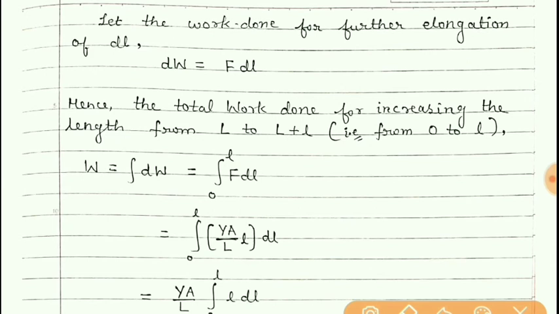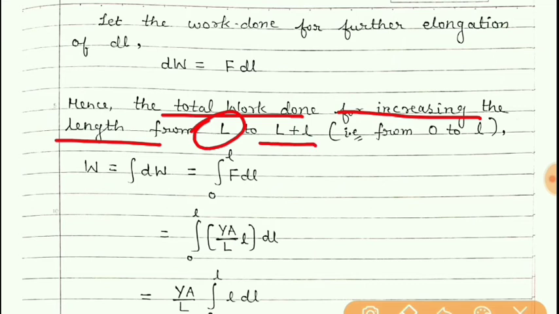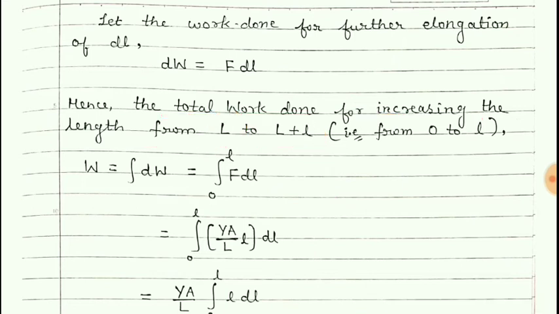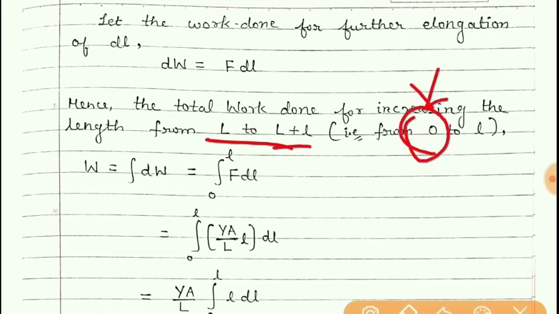So if we want to find the total work done for increasing the length from the original length L to L plus l, that is, small l is nothing but delta L, the change in length, we can write this from zero change in the length. That means initially suppose force was not applied, so the change in length was 0, and after application of force, suppose the length increased to l.